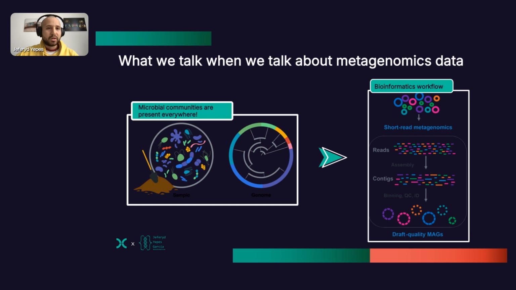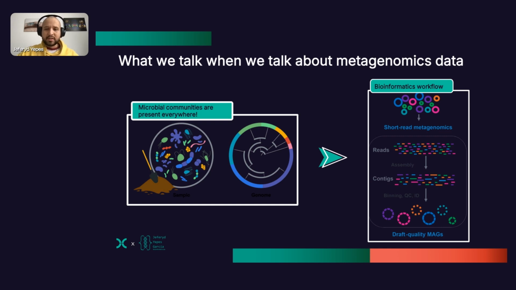After the sequencing, when we receive the reads, we attempt to assemble them, and this creates longer sequences that we call contigs. And then with these contigs, we try to bin them and to assemble the final draft genomes that we call MAGs. That's what we are seeing here. So in a simplified manner, this is the bioinformatics workflow to recover MAGs.